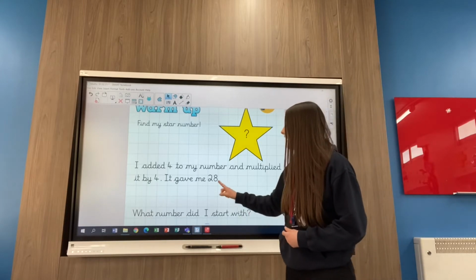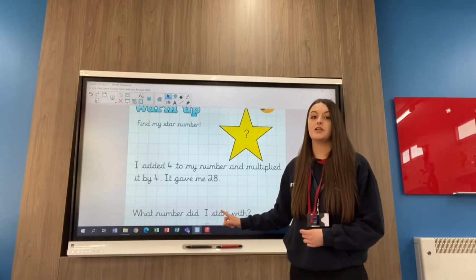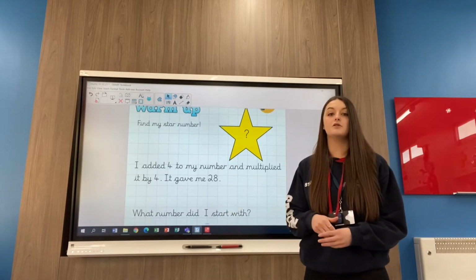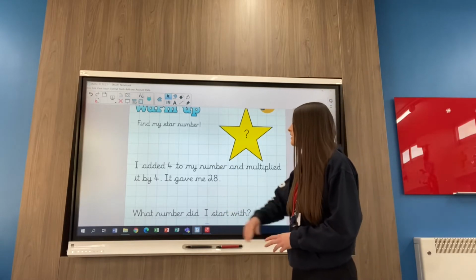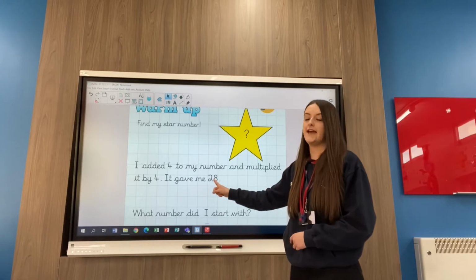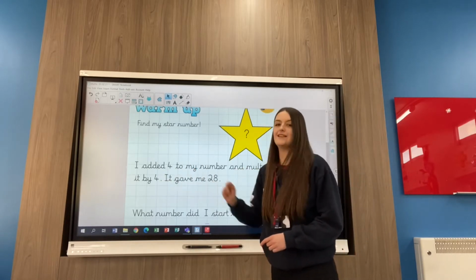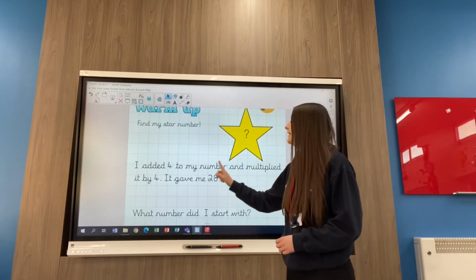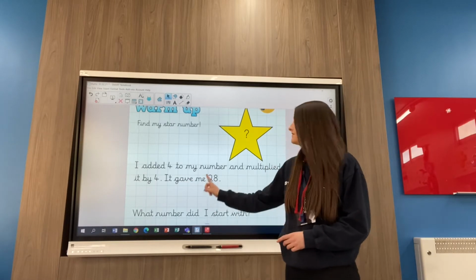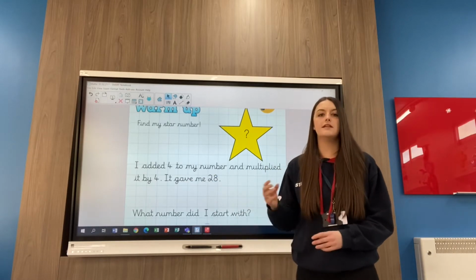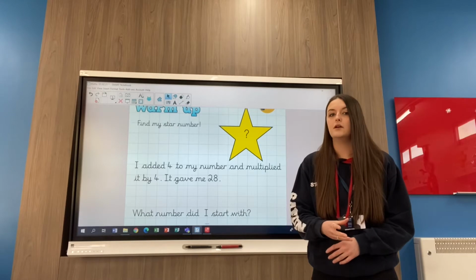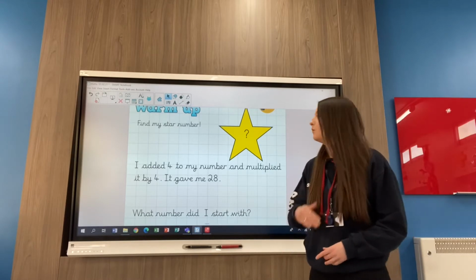Okay, so remember for our star number challenges, we have to work backwards and use the inverse operations. So if we start with the number 28, if we go backwards, the last thing I did was multiply the number by 4 to get to 28. So what's the opposite of multiplying? Oh, if you said dividing, well done.